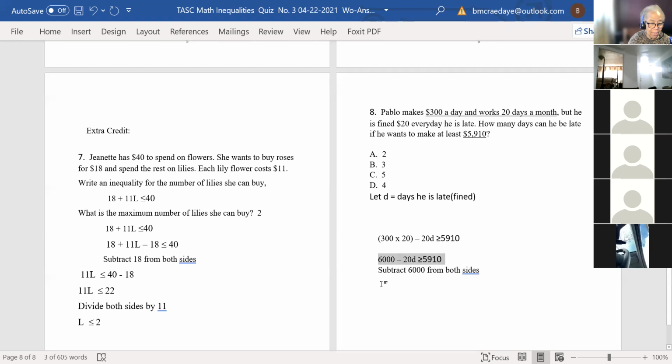Okay, let's put that here. Subtract the 6,000 on the left side, minus 6,000, and on the right side, minus 6,000. Okay, Alba, what do I get on the left side?